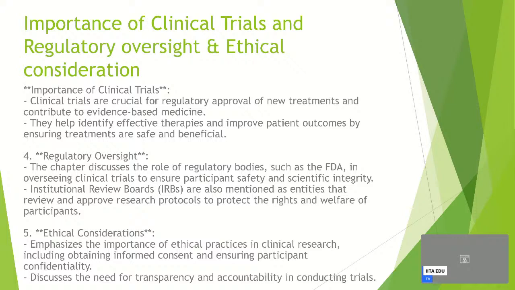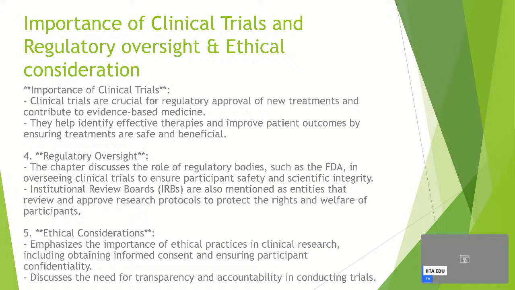Regulatory oversight. This chapter discusses the role of regulatory bodies such as FDA in overseeing clinical trials to ensure participants' safety and scientific integrity. Under regulatory oversight, we also have peer review, such as institutional review boards, also called ethics committees, which review and approve research protocols to protect the rights and welfare of participants.